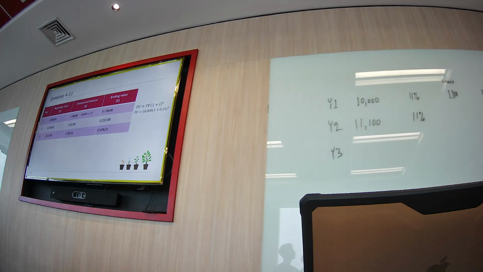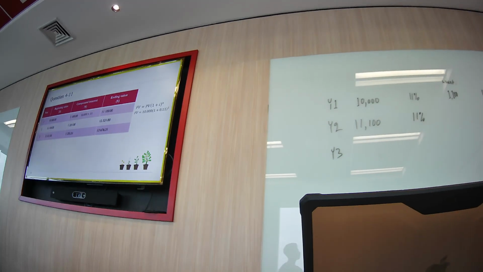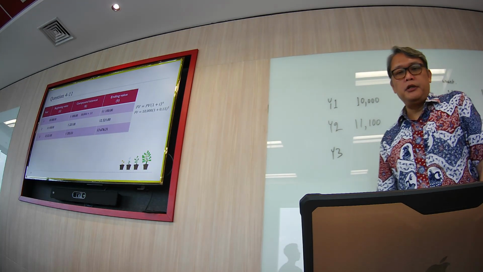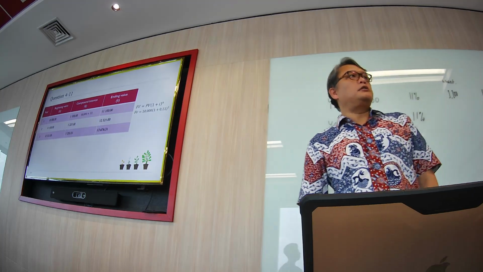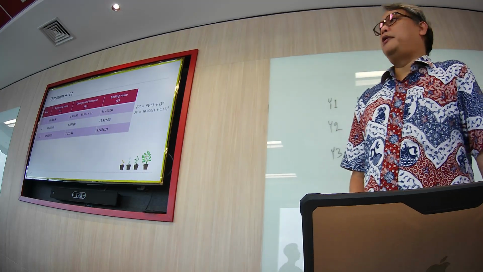And then for the beginning of year two, you get this 1,100 times 11%. At the end of year two, you have 12,000 something. You start year three with 12,000 something. So the total in year three would be 13,673.31.